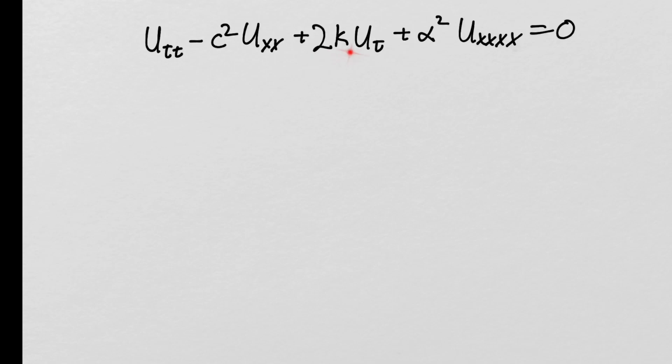And 2k is our damping coefficient. Alpha squared is all of the numbers that go into the stiffness, which was I over, I think, rho times the area, things like that. We'll figure out those units again later.